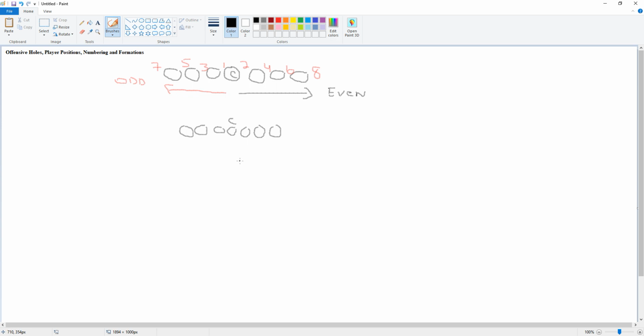Okay. In most of our offensive plays, we run a pro set. So we have our quarterback here, and then we have a fullback who's over the guard on the left, and a tailback who's over the guard on the right.